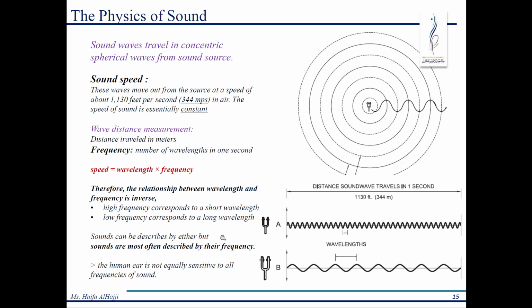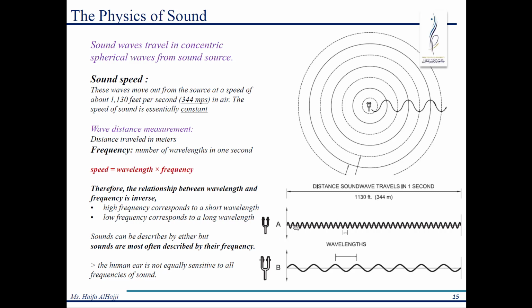Now let's have a look at the difference between two wavelengths and two frequencies. A sound with higher frequency will be a sound with higher pitch. A sound of smaller wavelength will be a sound of higher pitch. Sounds are usually described by their frequency, not by their wavelength.